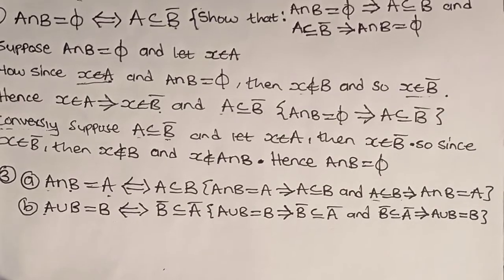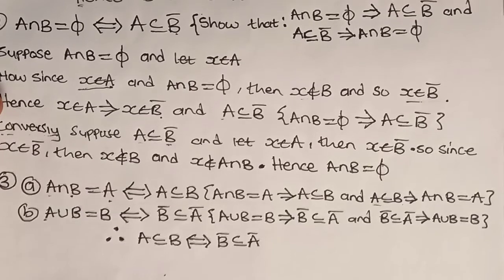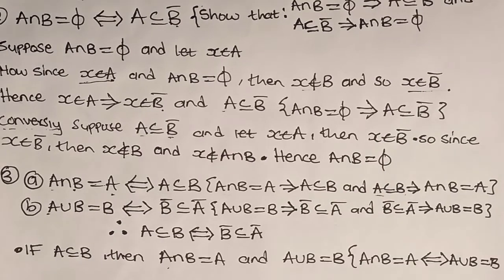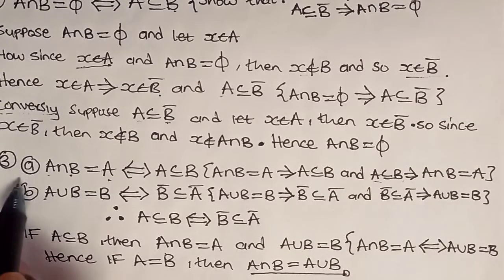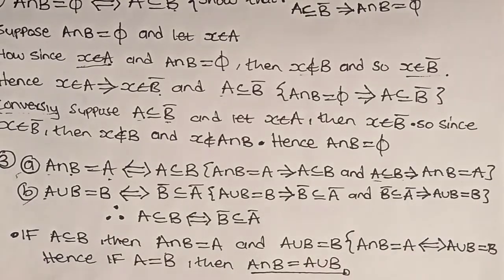So you can see it is clear that if A is a subset of B, then A intersect B is A and A union B is B. This proves that if A equals B, A intersect B is the same as A union B. So let's only prove A and B and you'll do the rest as an exercise.